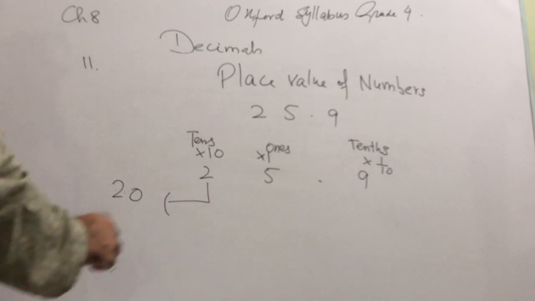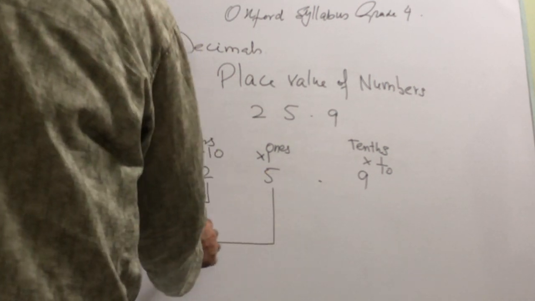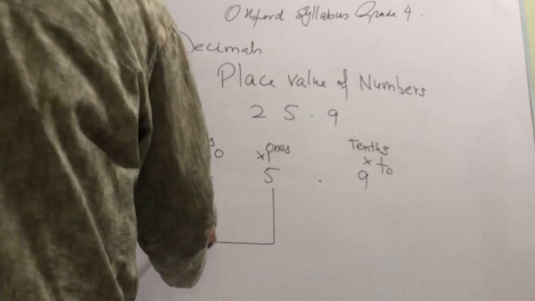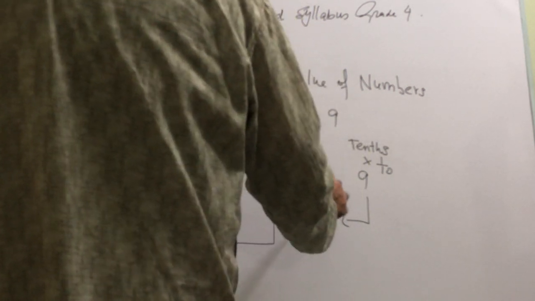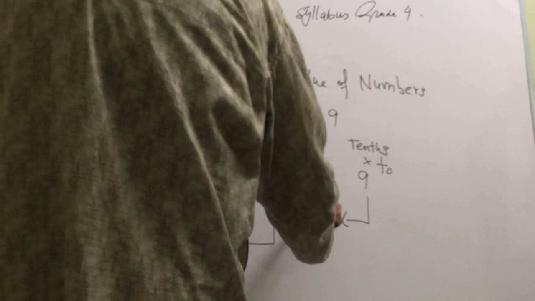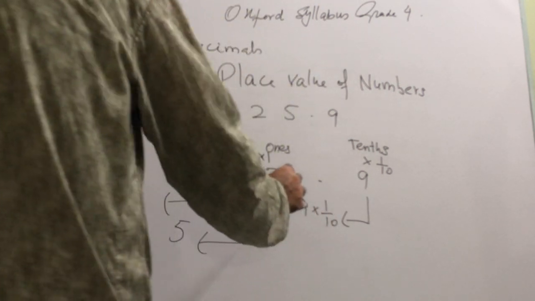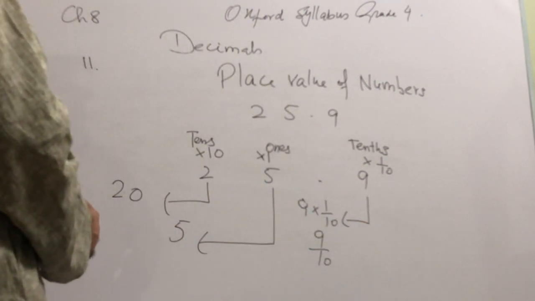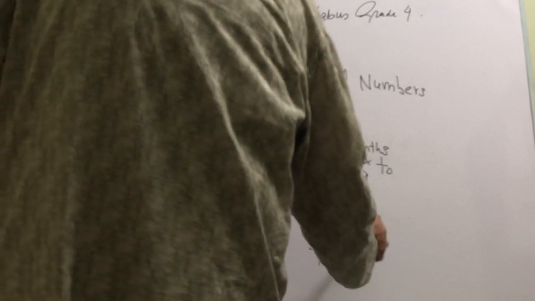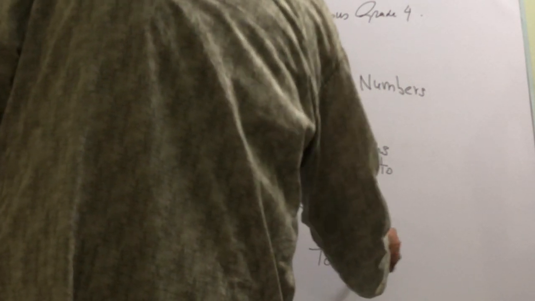The place value of 2 is 20. The place value of 5 is 5 into 1, 5. And the place value of 9 will be 9 multiplied by 1 over 10. It means 9 over 10. Its value is 9 over 10, which is also 0.9. This 9 over 10 is equal to 0.9.